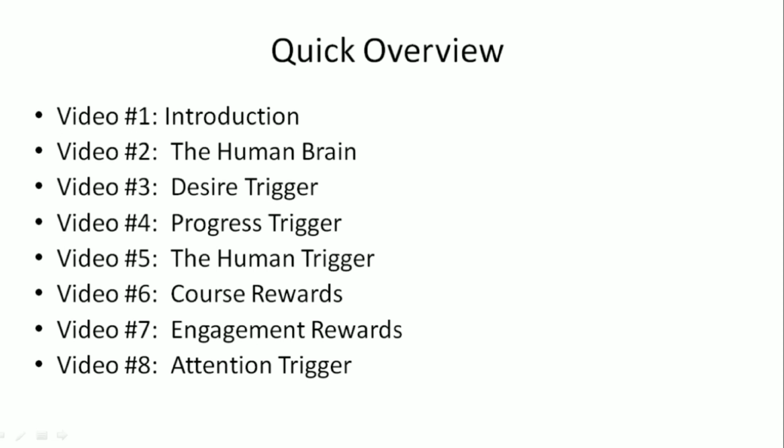So video number 3 is about desire, how to get them to desire to continue. Video number 4 is the progress trigger. Video number 5 is the human trigger. Video number 6 is course rewards, and video number 7 is engagement rewards. So on top of these triggers, we also have rewards, because people love it when they gain rewards. They gain points and other things to make it fun.